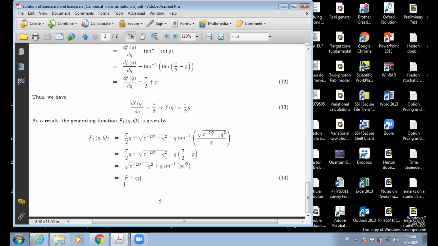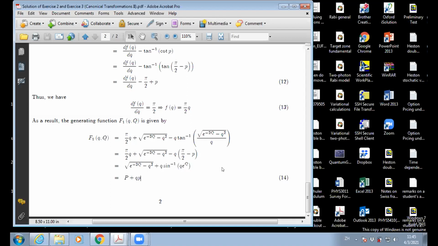However, if we represent the f1 generating function in terms of the dependent variables, then the expression is much simpler. So this is the solution for exercise 3.